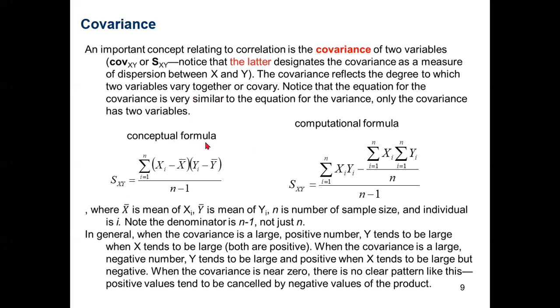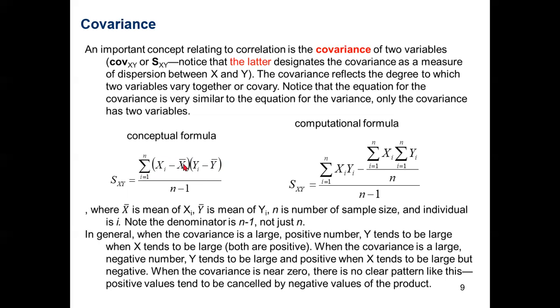So this conceptual formula shows covariance. I is the individual, from 1 through n. I gave you 300, for instance. So you have to calculate this. If you have 300 individuals, you have 300 x values and 300 y values, right? Of course, we know how to calculate the mean of x.